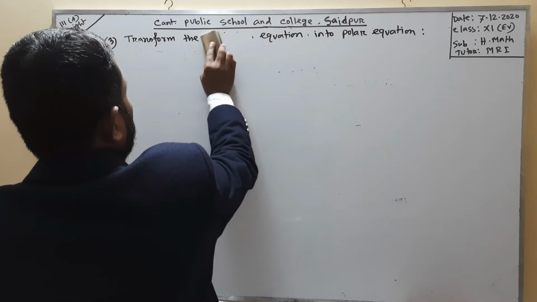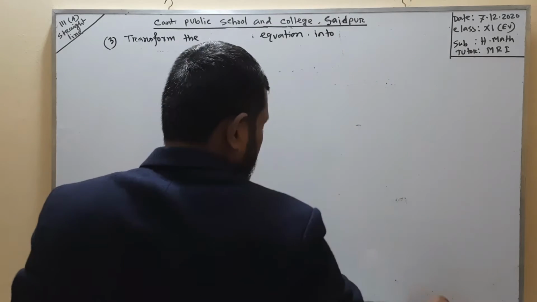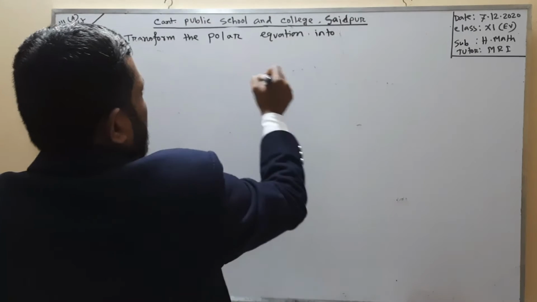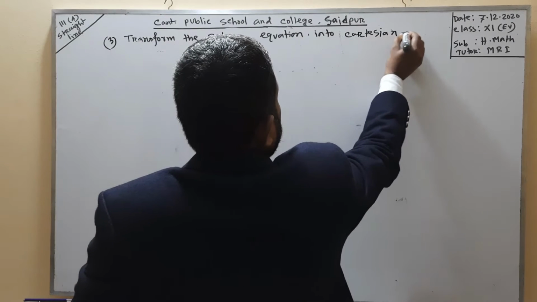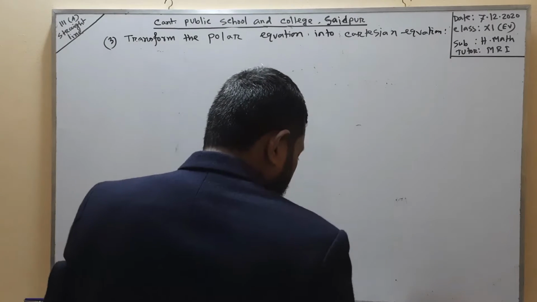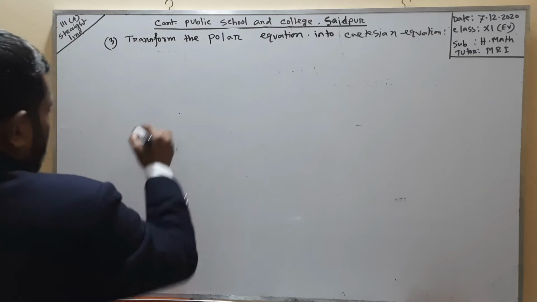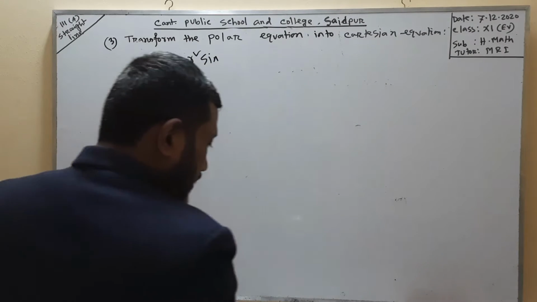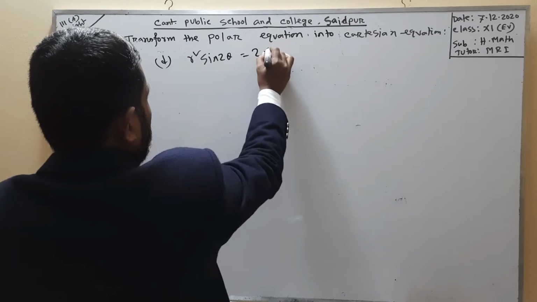The polar equation r square sin 2 theta is equal to 2a square.